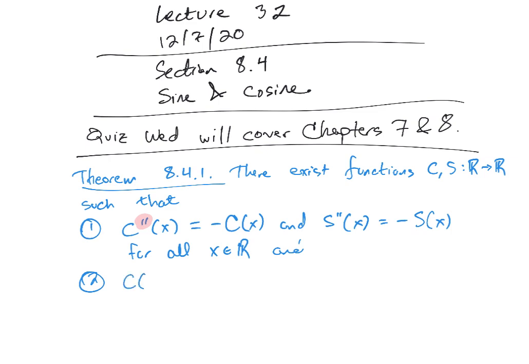So C of 0 is 1. And these are second order differential equations, so if you remember back to diffy-q, we need two initial conditions. C prime at 0 is 0. S of 0 is 0, and S prime at 0 is 1.